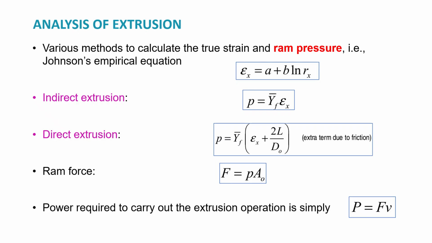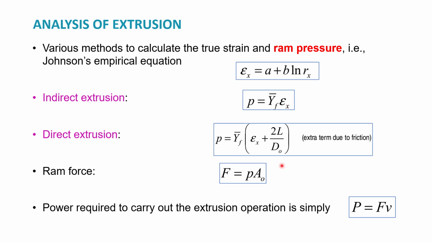Now, there are various methods to calculate the true strain and the ram pressure. For example, the Johnson empirical equation can be used, where epsilon x is equal to a plus b multiplied by the ln of the Rx. For the indirect extrusion, the pressure is equal to Y prime f multiplied by epsilon x. So if we find epsilon x and Y prime f from the previous equation, we can find the pressure in the indirect extrusion.